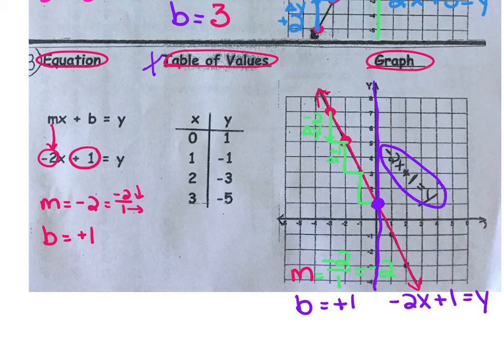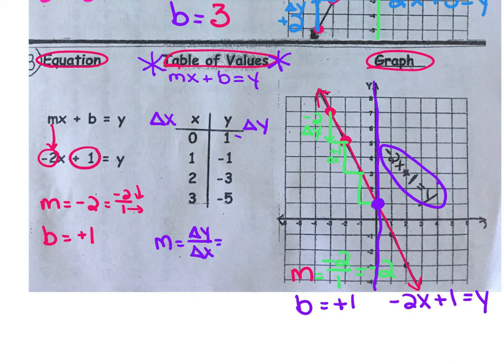But how does it work for a table? We know we would like to write an equation to represent the values given in the table, the relationship given in the table. So we're going to examine our change in y, delta y, and our change in x. Let's calculate the slope first. If you go from a 1 to a negative 1, it is a loss of 2.